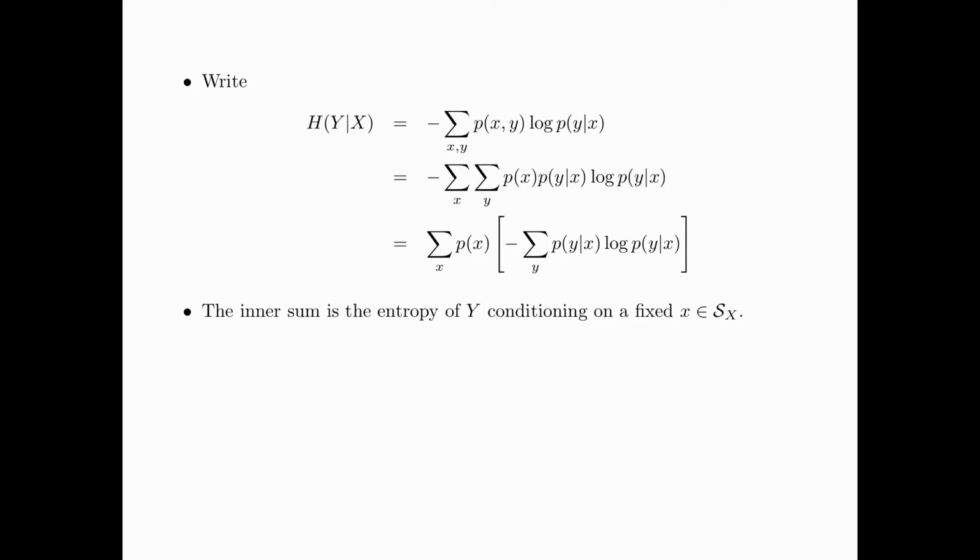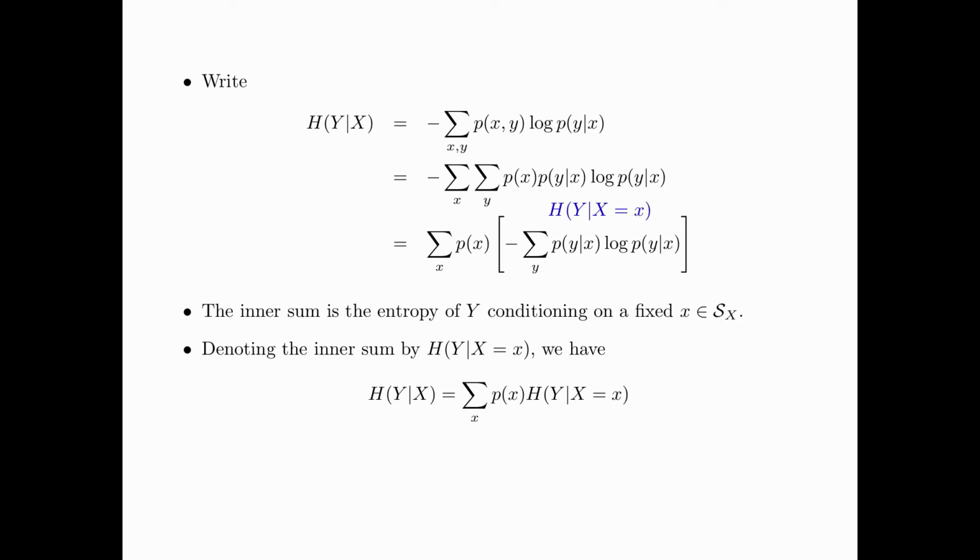Now note that the inner sum is the entropy of Y conditioning on a fixed outcome small x. To see this, we cover up the conditioning on the small x. We realize that this is just the entropy of Y. And by restoring the conditioning on the small x, we realize that this is just the entropy of Y conditioning on a fixed x.